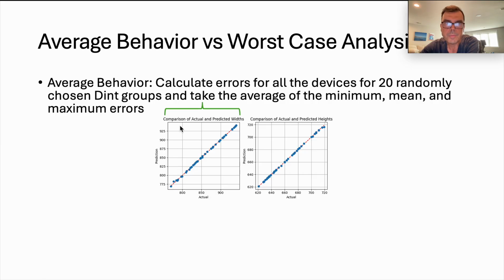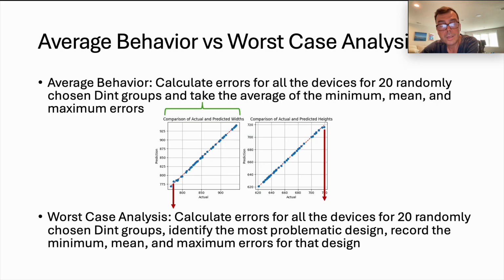So let me explain one thing. I call these the average behavior and the worst behavior. For the average behavior, we will calculate the errors for all the devices for 20 trials, right? And then we will take the average of the minimum errors, maximum errors, and the mean errors. This is for every single device. So that will be our average behavior.